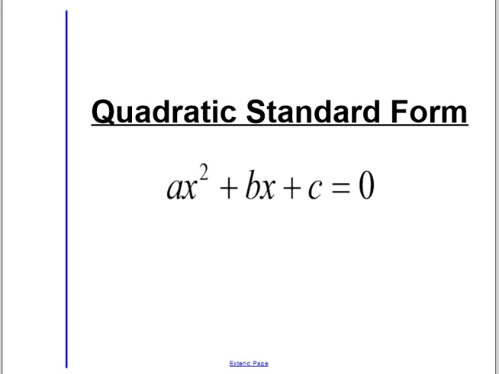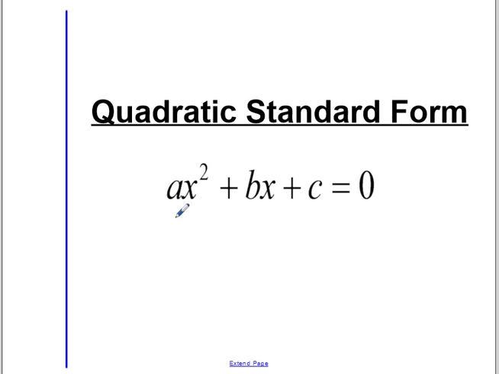As we move further into quadratics in this new unit, we need to get used to the quadratic standard form. The standard form of quadratics is ax squared plus bx plus c. We will start to notice and use the equal 0 later on in our lessons. For right now, we will just be thinking about the numbers in these positions.